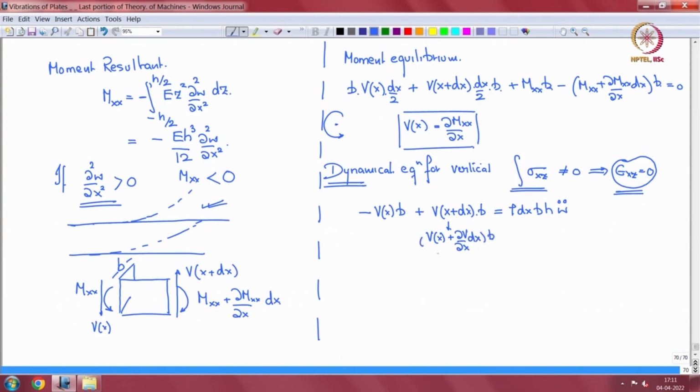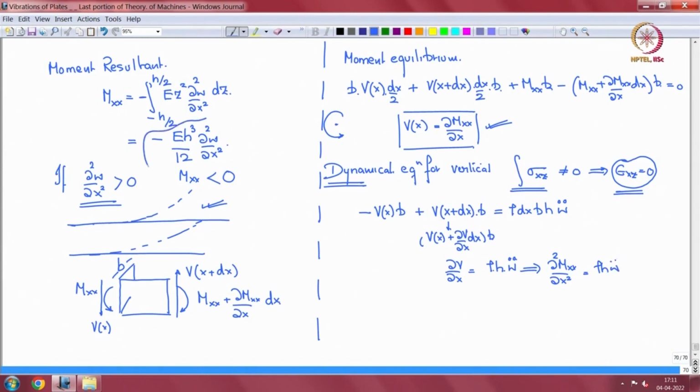The resultant is del V by del x equal to rho h w double dot. And V is del Mx by del x, so that means del 2 Mxx by del x square is equal to rho h w double dot.